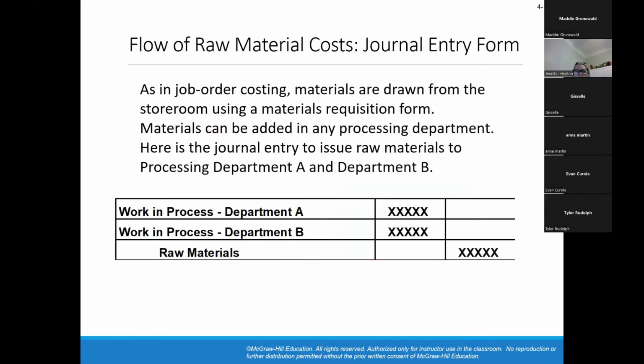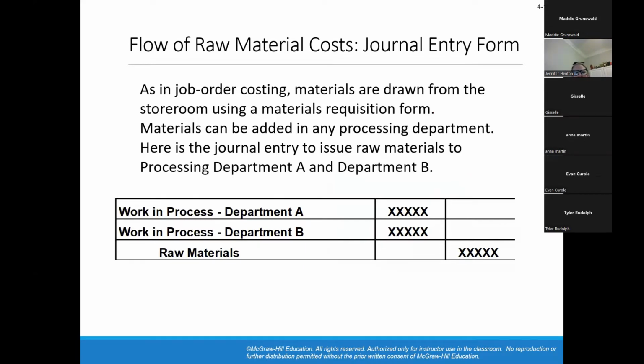As in job order costing, materials are drawn from the storeroom using a materials requisition form. So you're going to have something that's filled out to keep track of where this material is going. And the materials can be added to any processing department. And this is the journal entry that shows how we're taking it out of raw materials and putting it into those departments. So we looked at it in T account form, and now we're looking at it in journal entry form.